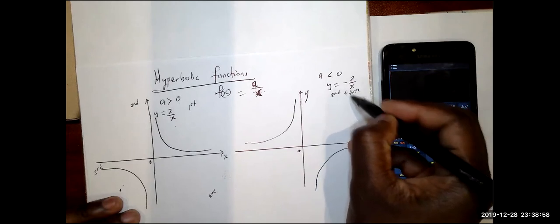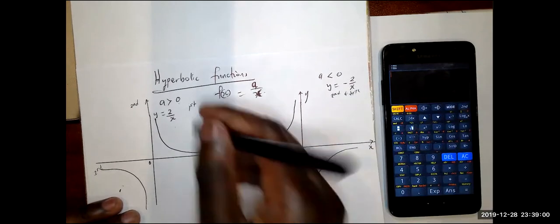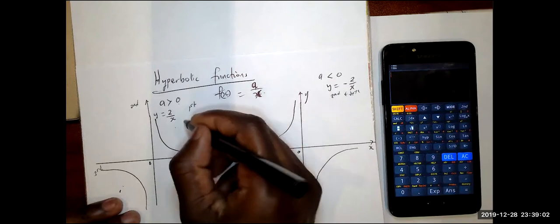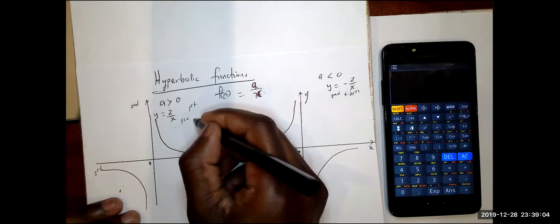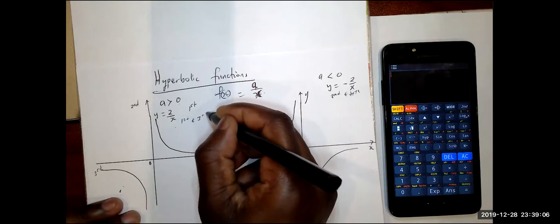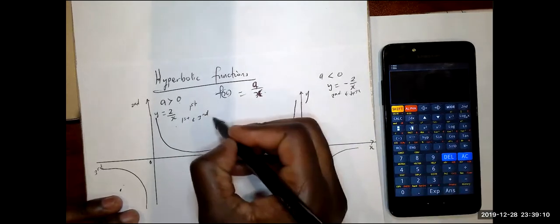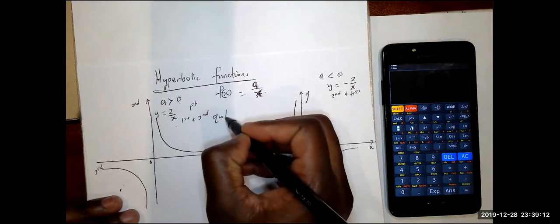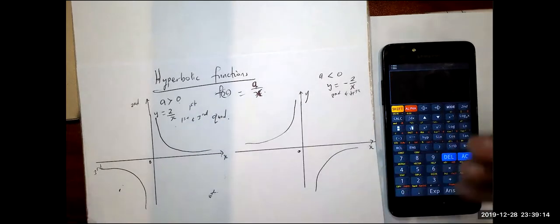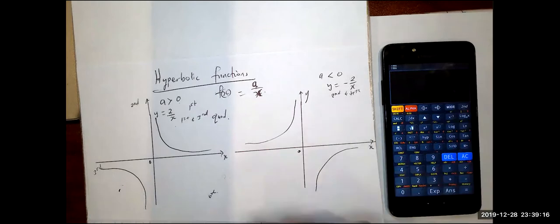I don't know what you should do to remember this, but just know that when a is positive, the graph has to fall in the first and third quadrants.